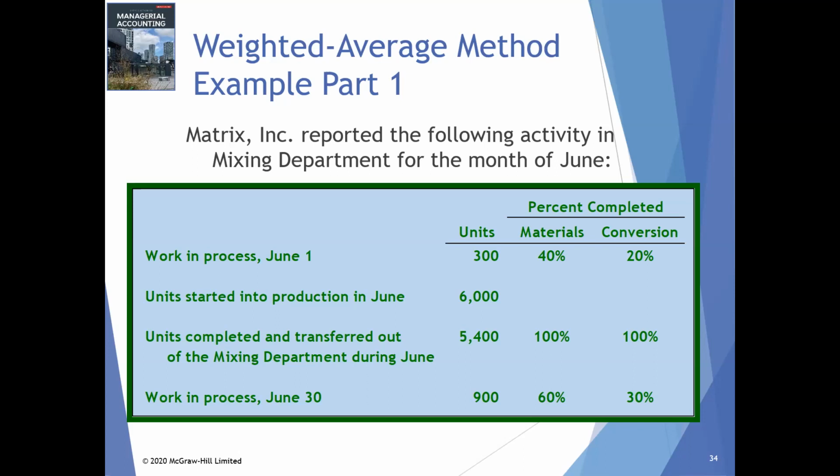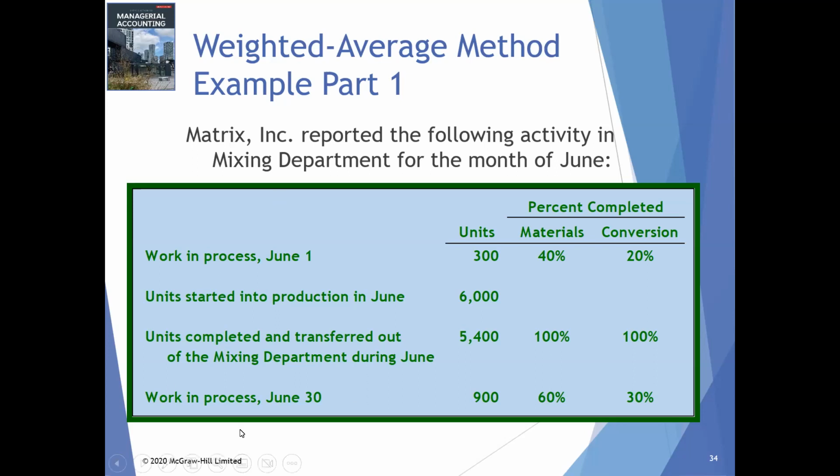Then later, some of the units, let's say 5,400 units, were totally completed. And once the units are completed, why keep those units in the factory where the production is going on? Always try to move those products to the other department, right?